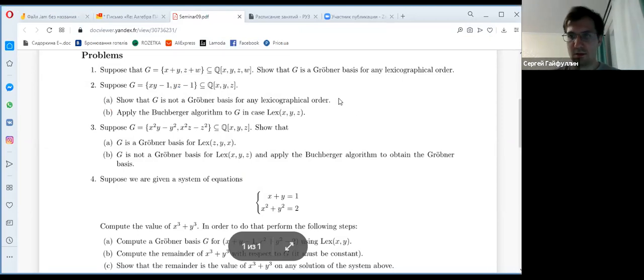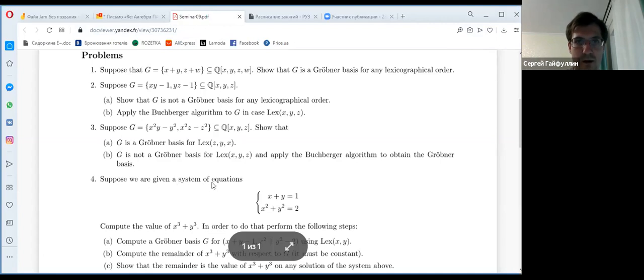Okay, it was rather hard with computations, but we managed. And now let us solve the fourth, and it should be all for today.